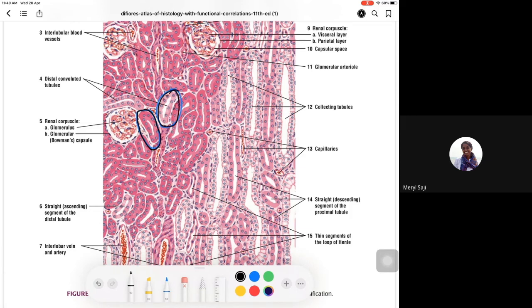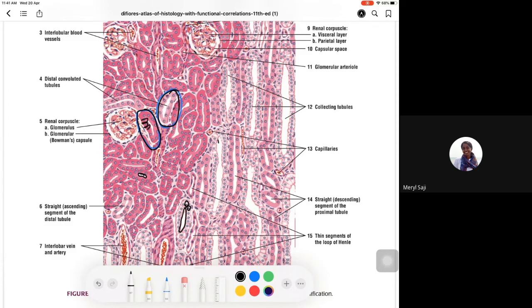More pink cytoplasm is more proximal tubular. Other thing you have to remember, the lumen will be irregular in proximal tubules, whereas when you see the distal tubules, the lumen will be very regular. And the distal tubules are lined by cuboidal cells, whereas the proximal tubules are lined by more columnar cells.